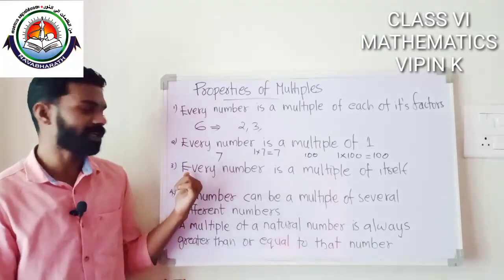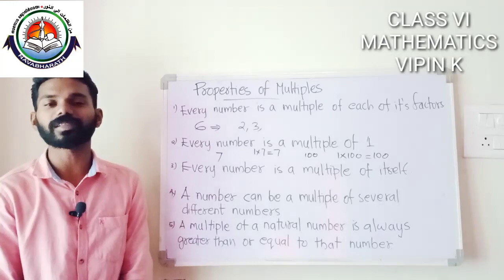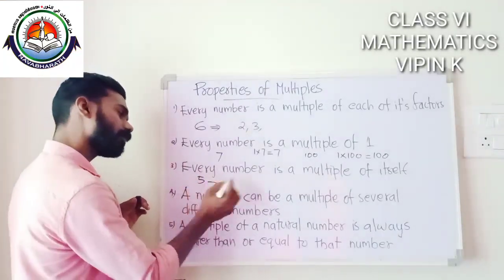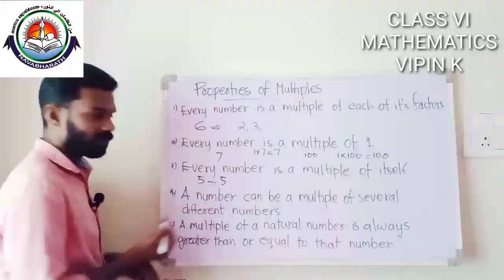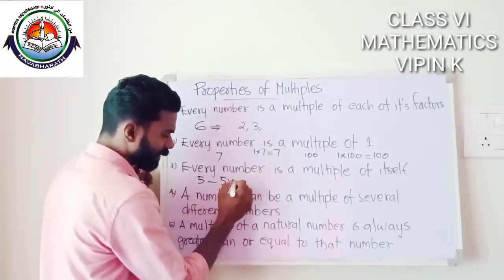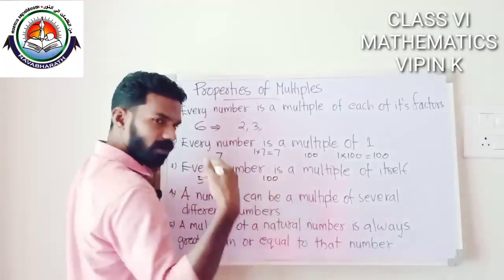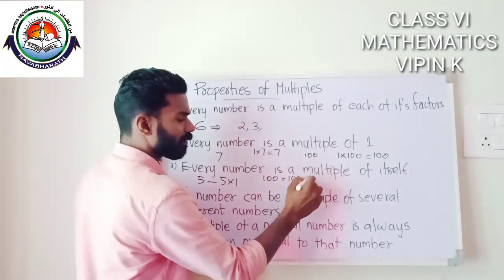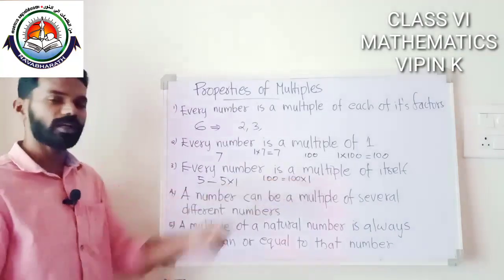Okay, now what is the next point? Every number is a multiple of itself, which means 5 is a multiple of 5. Why? The number 5 can be written as 5 into 1. 100 is a multiple of 100. Why? The number 100 can be written as 100 into 1, the first multiple.